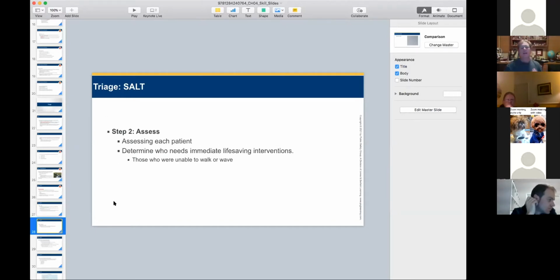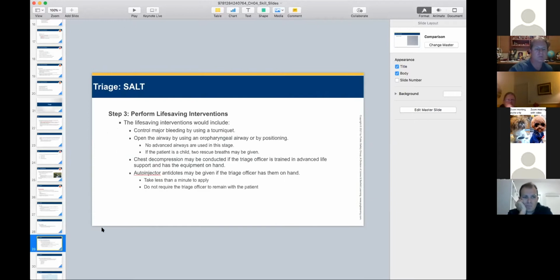So we're going to assess each patient that's left behind. We're going to determine who needs immediate interventions and who's going to wait. When we're triaging people, we're looking for life-threatening problems.